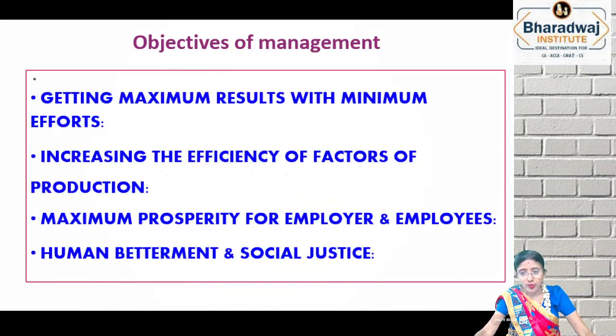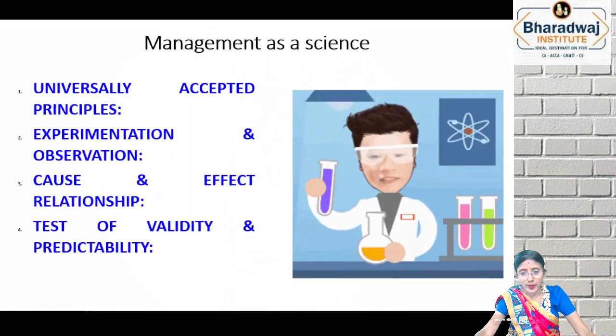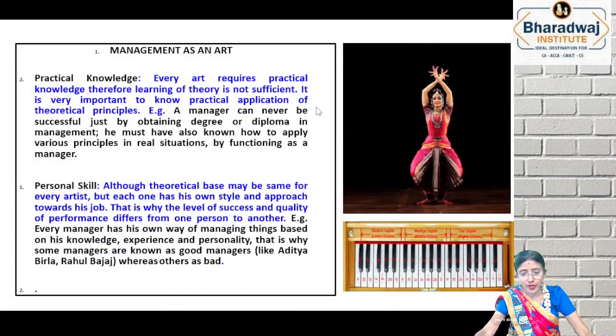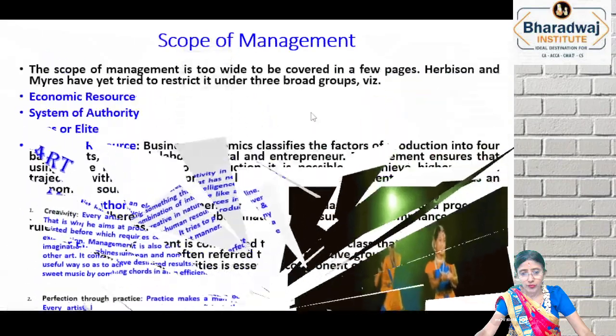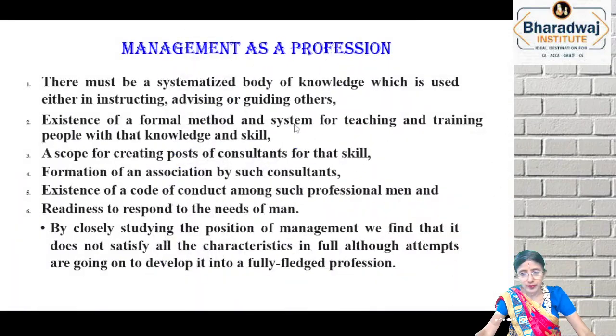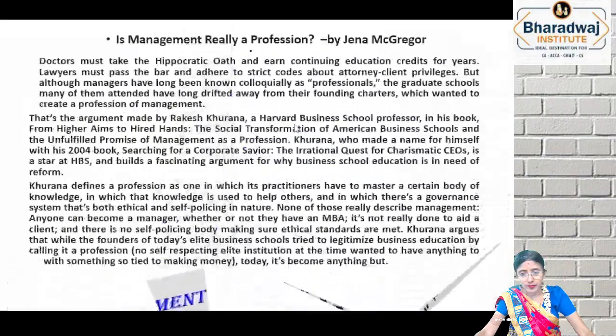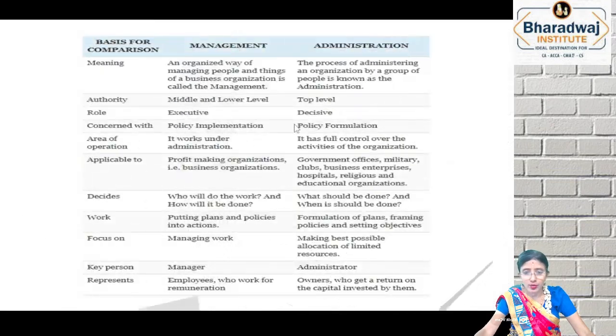Features, objectives, management as an art, science and profession, scope of management. We finished with a case study, if you remember. I told you that a case study is also given. And some important debates. Management versus administration.